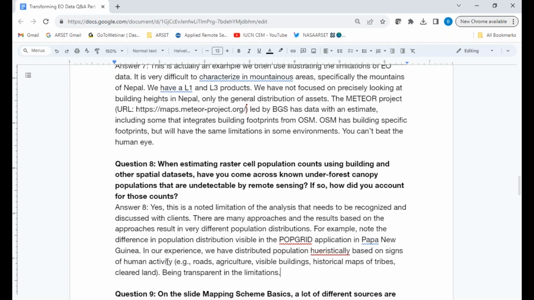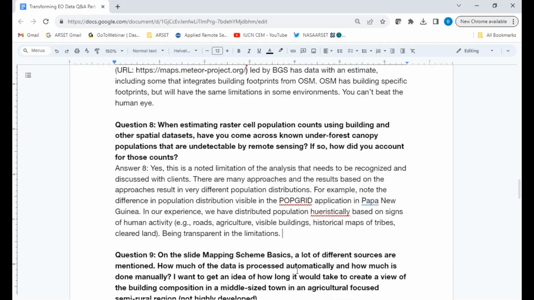A good example is the PopGrid data, right? PopGrid is an effort led by CIESIN where they've actually mapped different global population data sets in the same screen so that users can see how different isometrically mapped assumptions about distribution of population can result in very different estimates on a per grid basis.